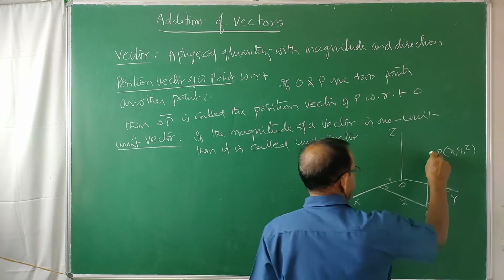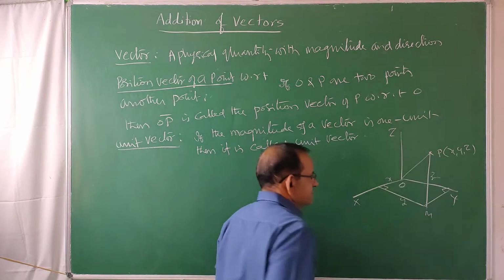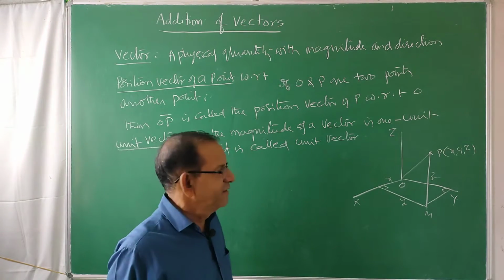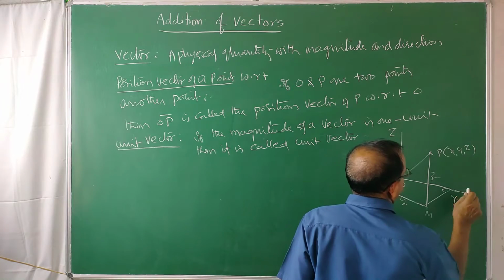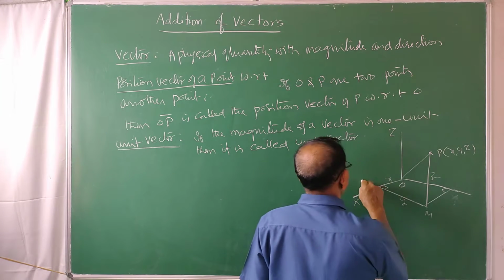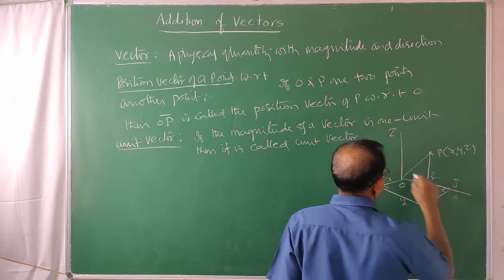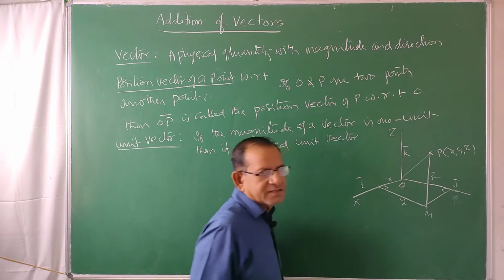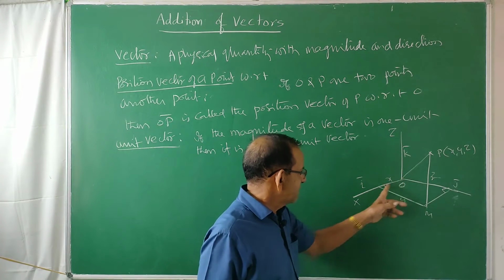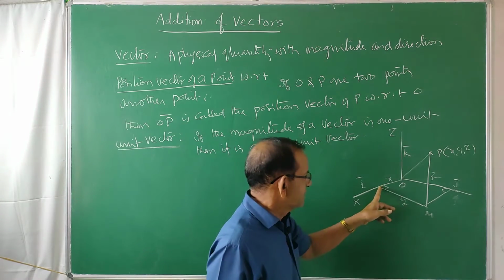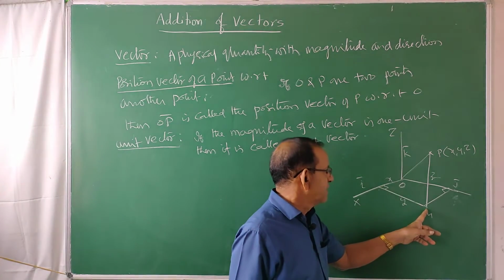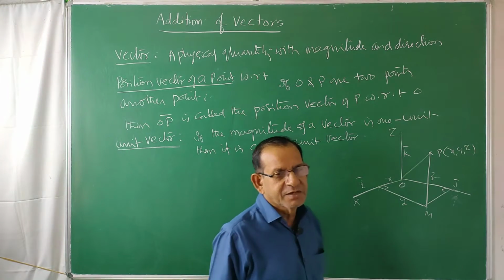Now if you join OP, what is OP bar? Generally we consider the unit vectors along x-axis as I bar, along y-axis as j bar, along z-axis as k bar. Because this length is x, this vector is x into I bar, this vector is y into j bar, and this vector is z into k bar.